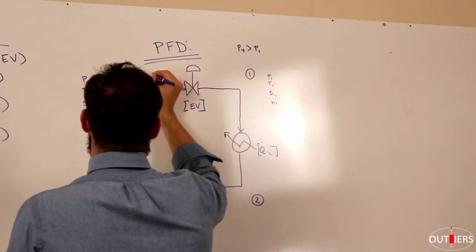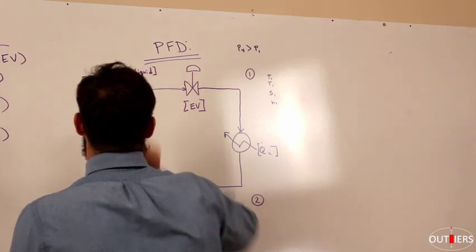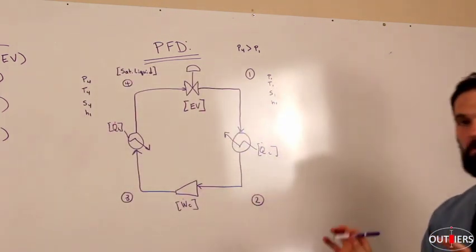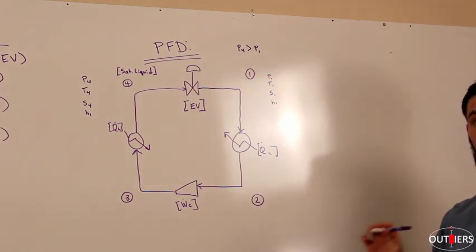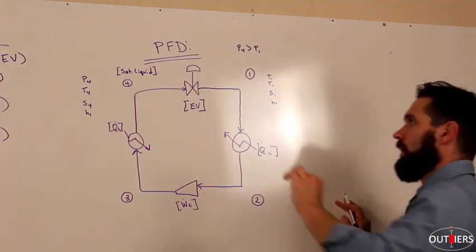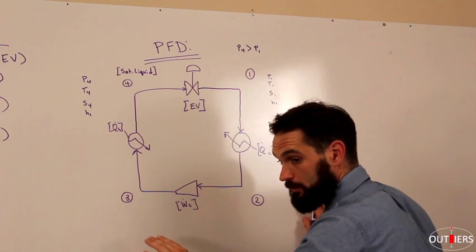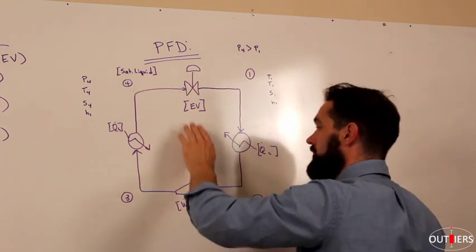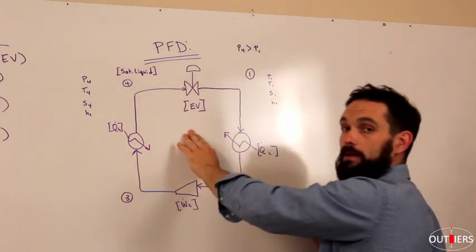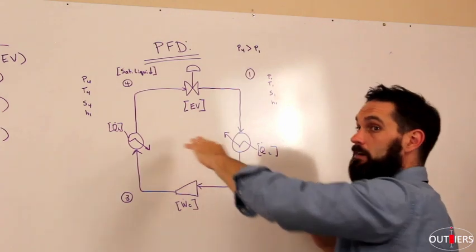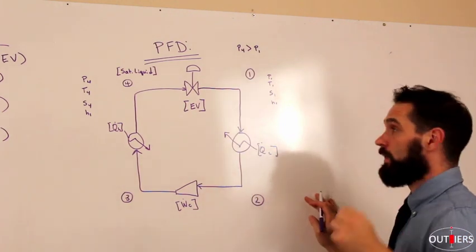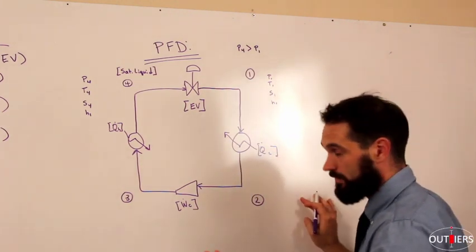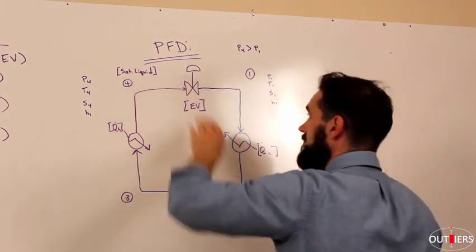Remember, saturated liquid is a liquid that is still in vapor-liquid equilibrium. It's not a subcooled liquid, but a liquid that's just hit the point of equilibrium. So it's got effectively one molecule of vapor that's flashed into the vapor space, but it's at its saturation point.